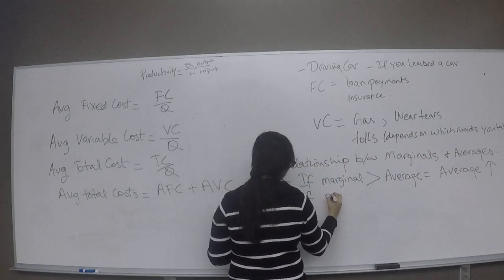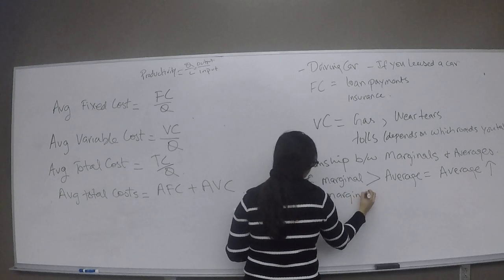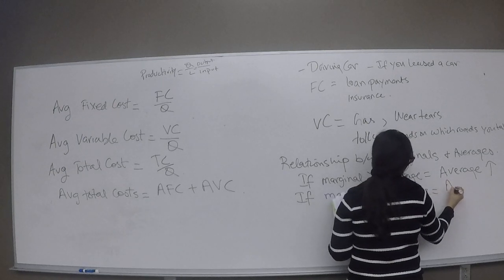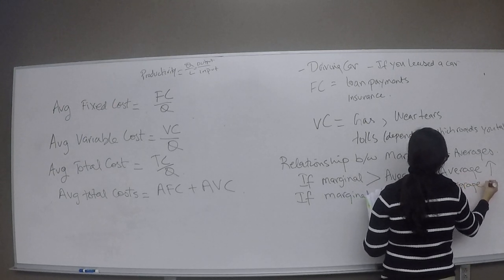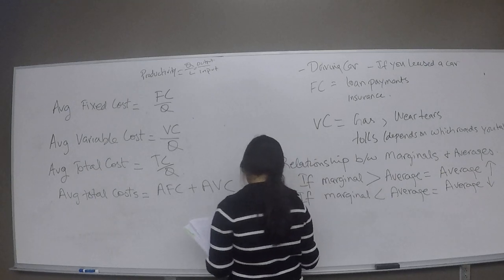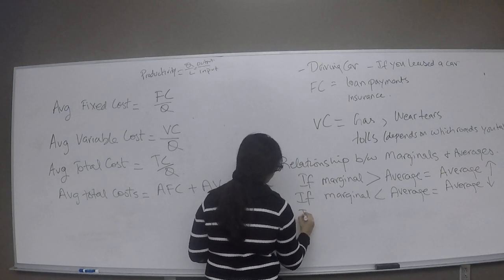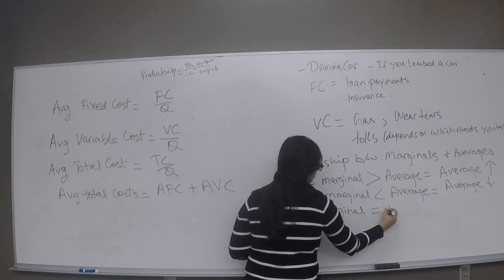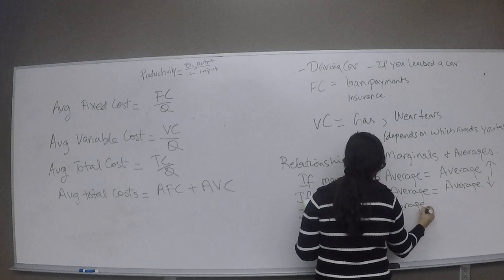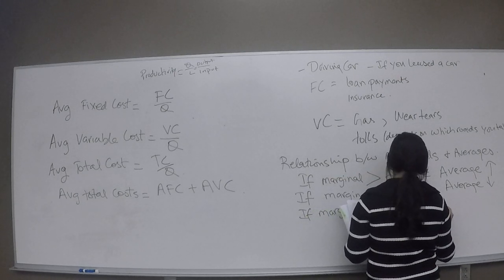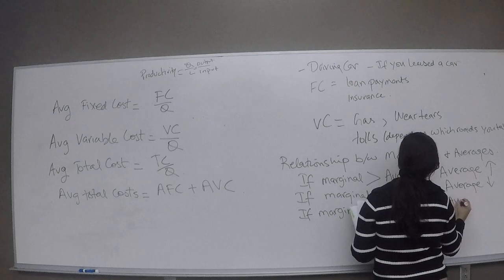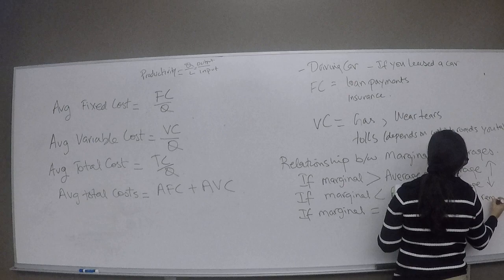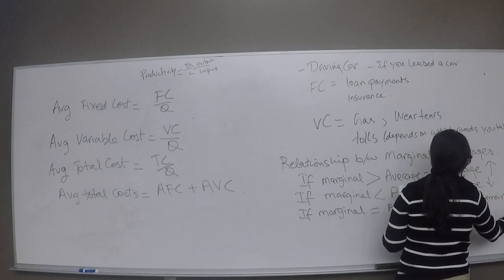If marginal is less than average, then average decreases. If marginal is equal to average, then average doesn't change. It remains the same.